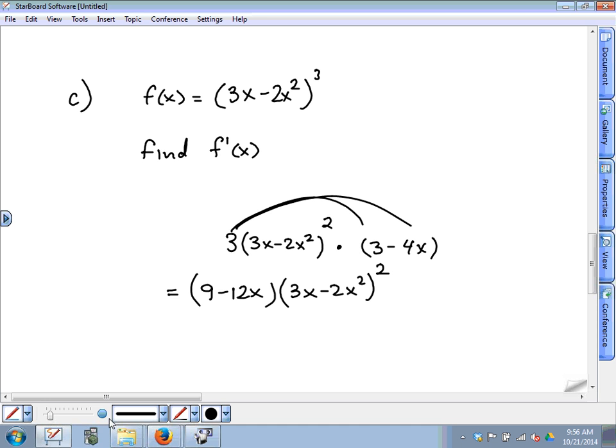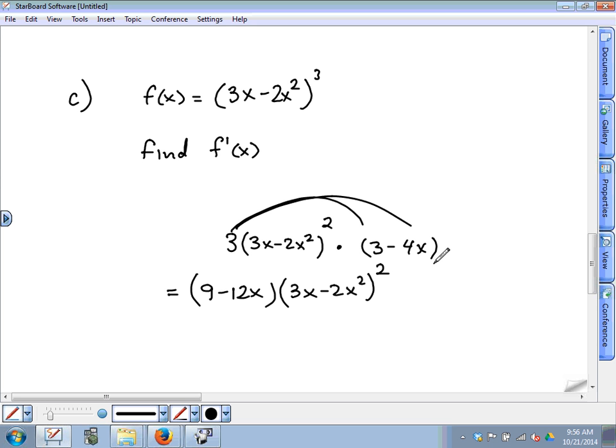You don't have to go any further once you combine the two, then you're done. There's a little bit of simplifying going on, but not much. You have to simplify this one? Well, the only simplifying we did was taking this 3 and distributing it there.